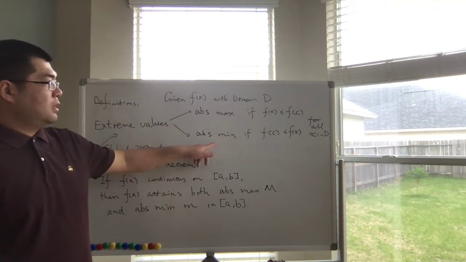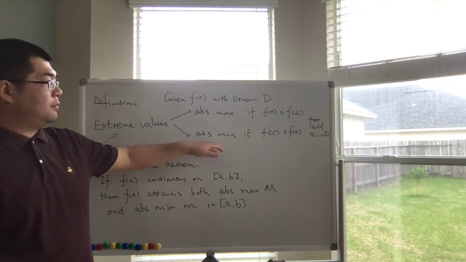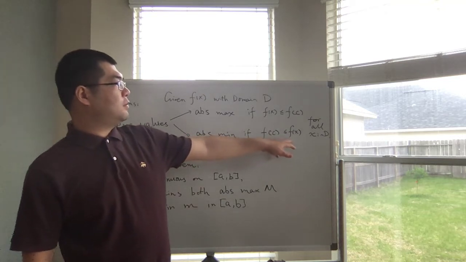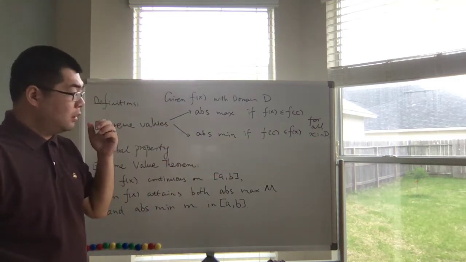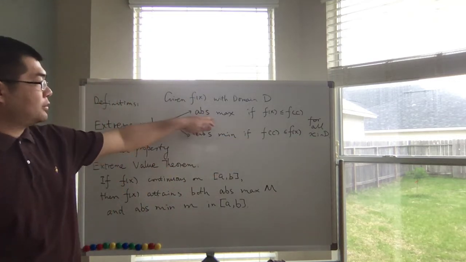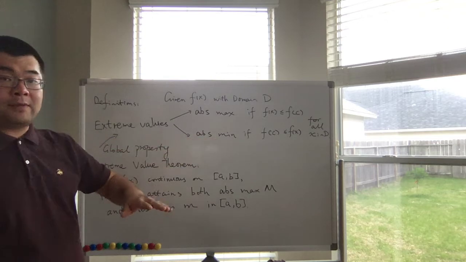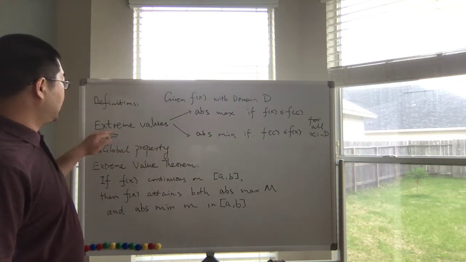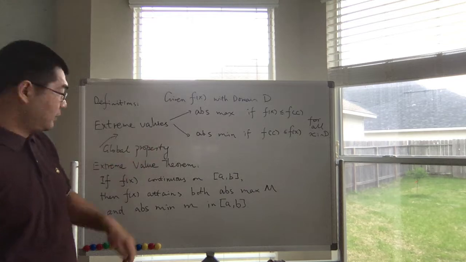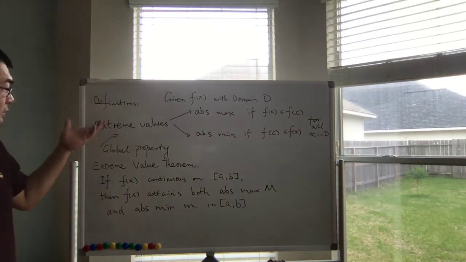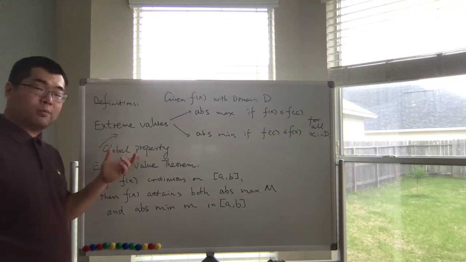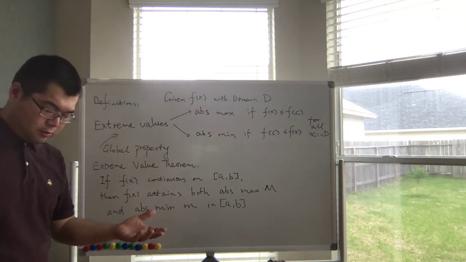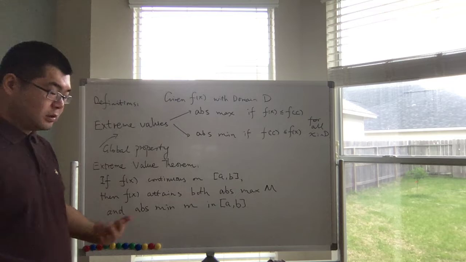Similarly, we define the absolute minimum if f of c is less than or equal to f of x for all x in D. Both absolute max and absolute min are called extreme values. Like we just mentioned, it's a global property, while local max and local min are local properties.